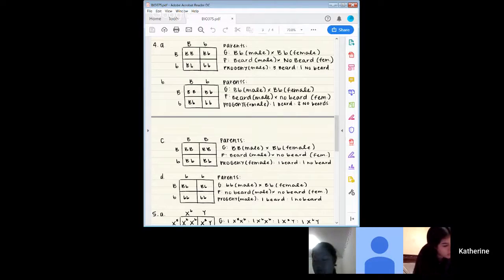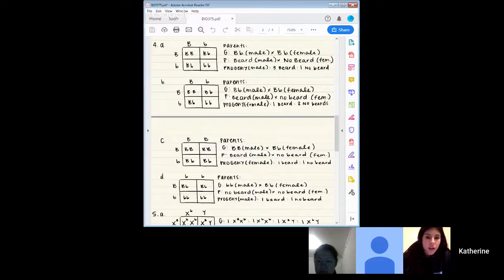Okay, and then for C, suppose a cross between a male with a beard and a female without a beard produces a 1 beard to 1 no beard phenotype ratio among the female offspring. What are the genotypes of the parents?